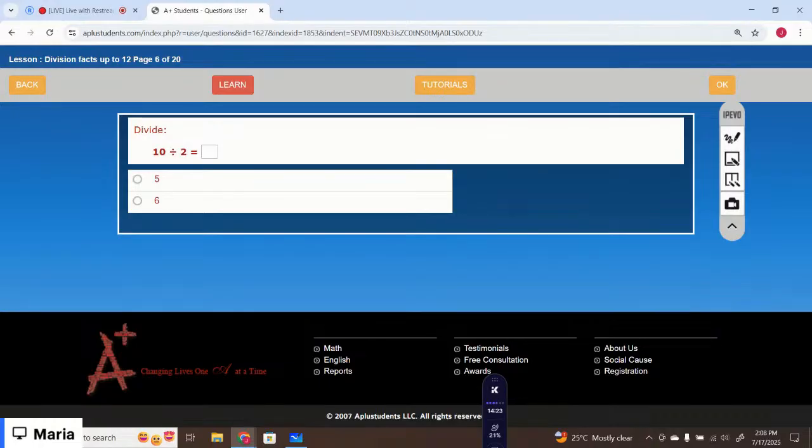Ten divided by 2, which is the correct option? Ten divided by 2 is 5 because 2 times 5 is 10.